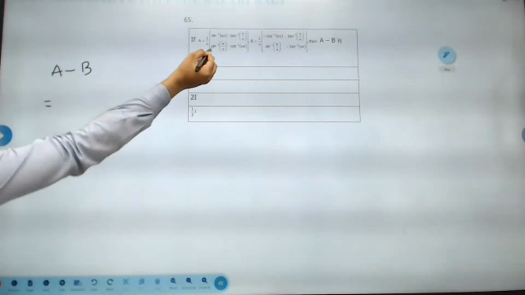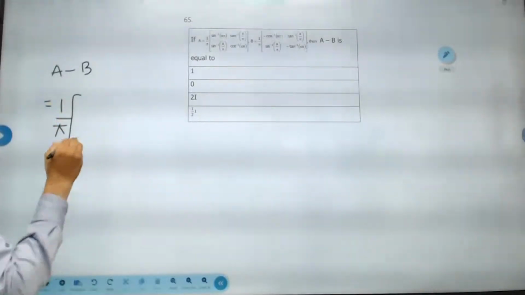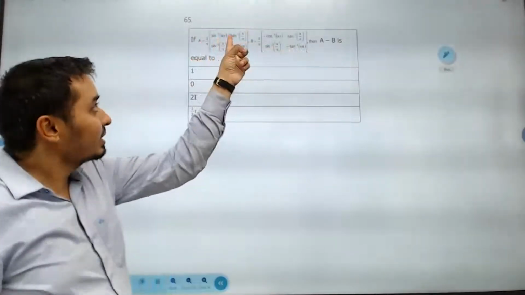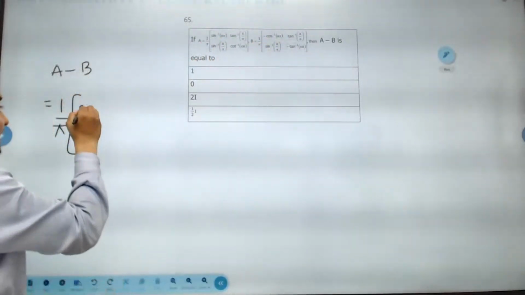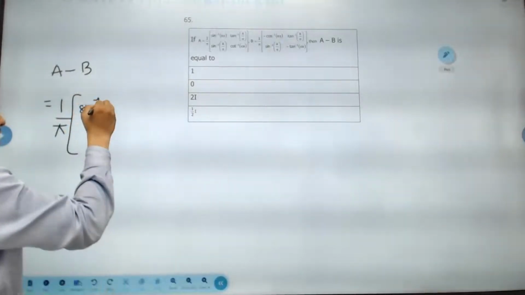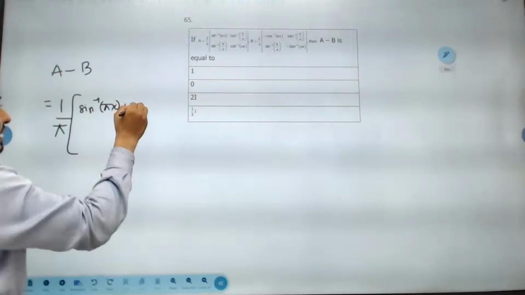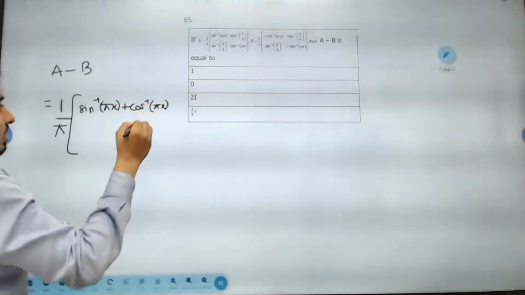right? Since both A and B have pi in them, we can take this pi out and we'll be subtracting the corresponding elements. So we'll have sin inverse x pi minus of minus cos inverse x pi. So that gives us sin inverse x pi, or I can write it pi x, it's the same thing, plus cos inverse pi x, right?